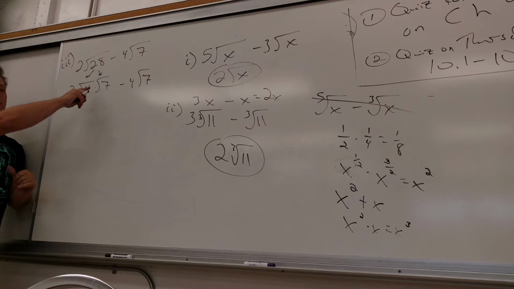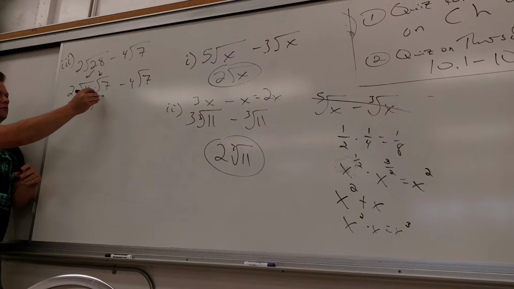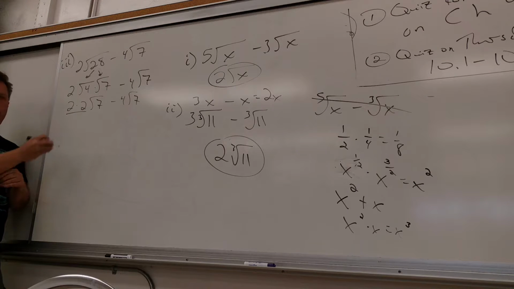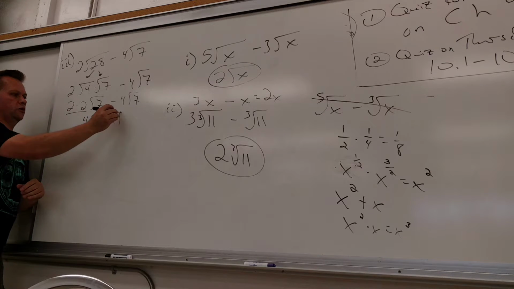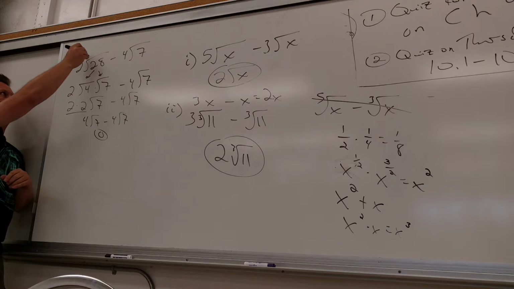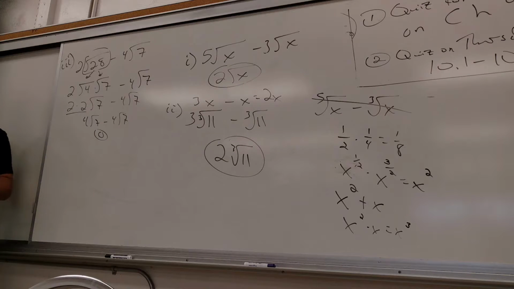Now why did I do that? Because the square root of 4 is 2. And then 2 times 2 is 4. And now they are like terms, aren't they? So that's one explanation of why we learn how to simplify radicals. And that's only one reason. There's a lot of reasons.